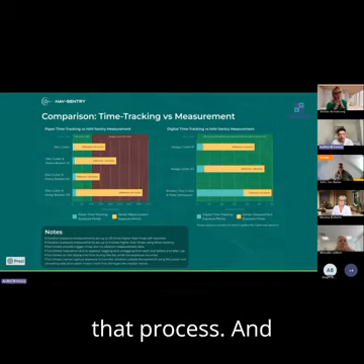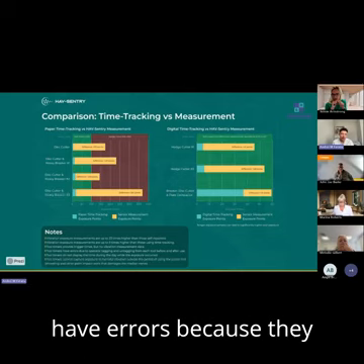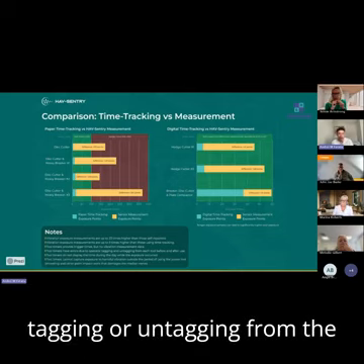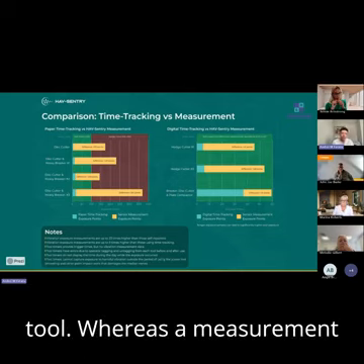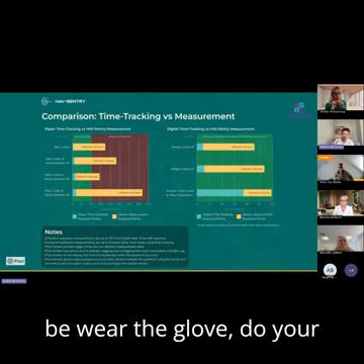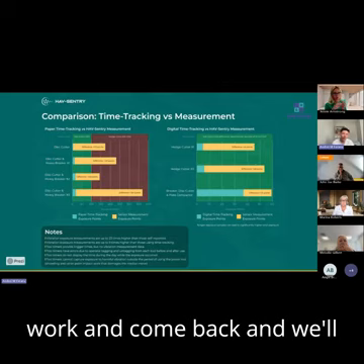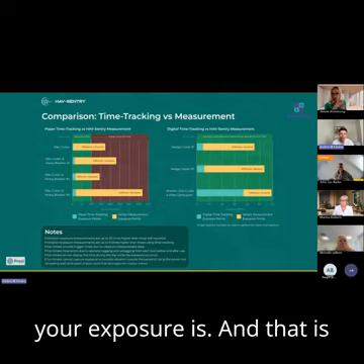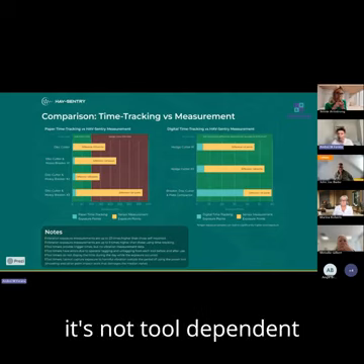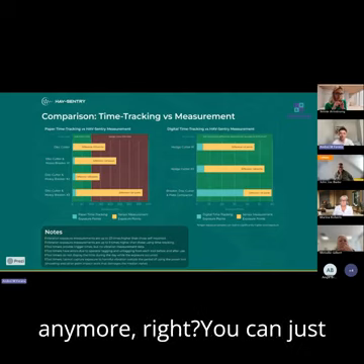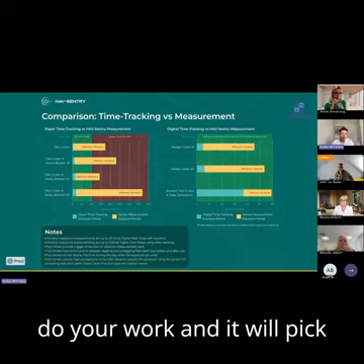And then tool timers have errors because they require operators to keep tagging or untagging from the tool, whereas a measurement with HAVS Sentry would just be wear the glove, do your work, and come back and we'll see what exposure is. And that is groundbreaking, because now it's not tool dependent anymore, right? You can just do your work and it will pick up everything.